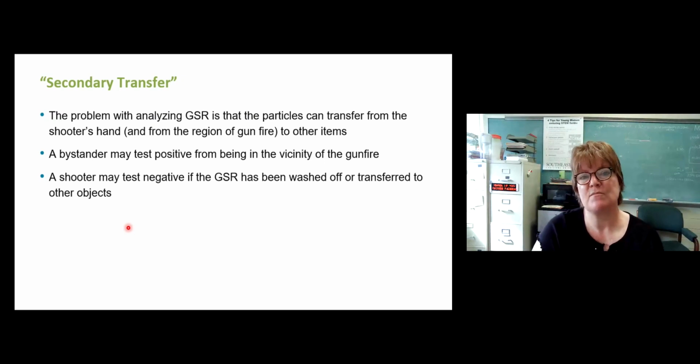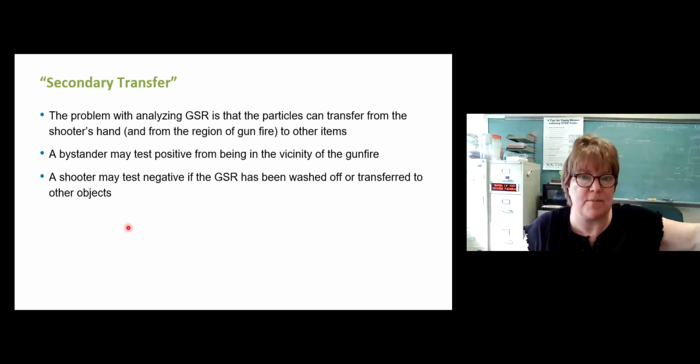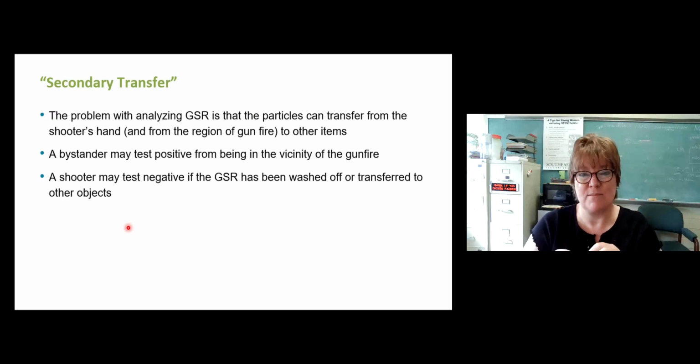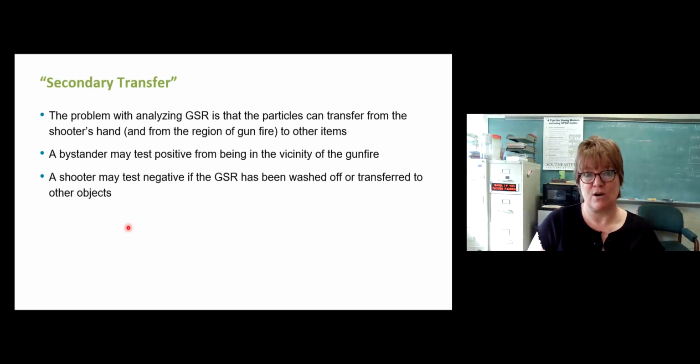Unfortunately, we have something called secondary transfer. If I shoot a gun, I do get some gunshot residue on my hand, but then it can transfer from that to all sorts of other things. Everything I touch, somebody else. Also, some of that is shot coming out. The closer you are to the gun, the more gunshot residue you have on you.